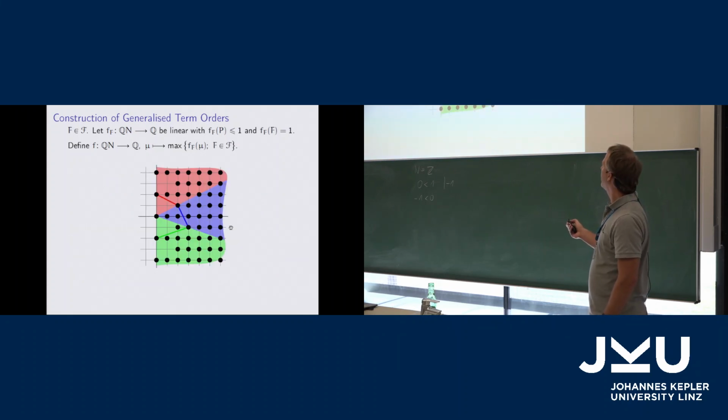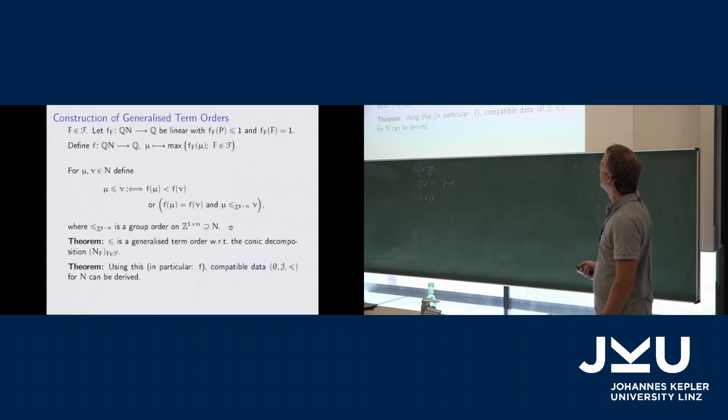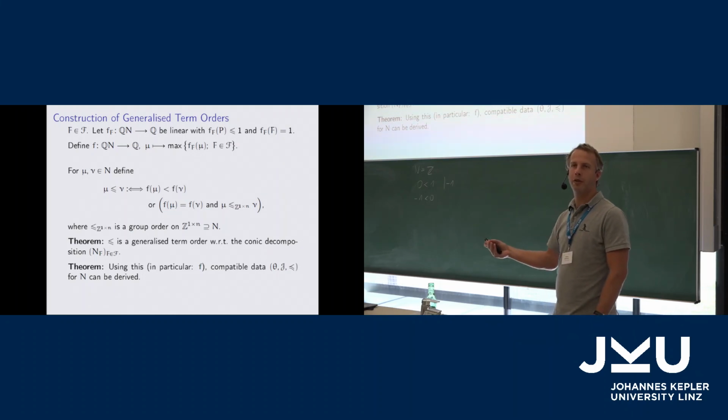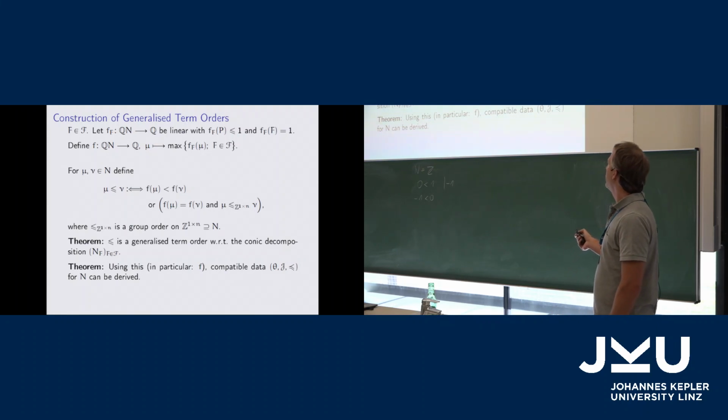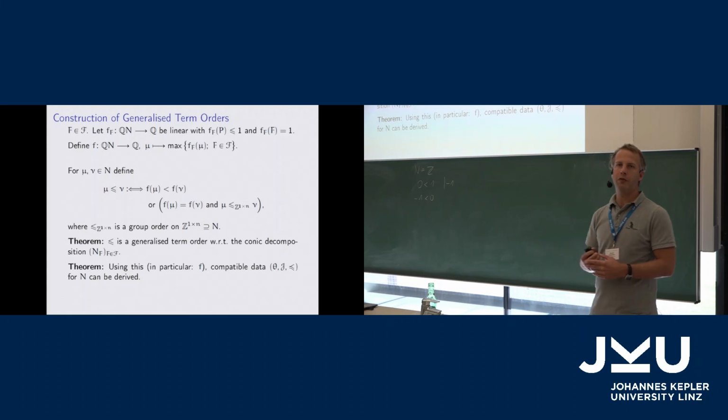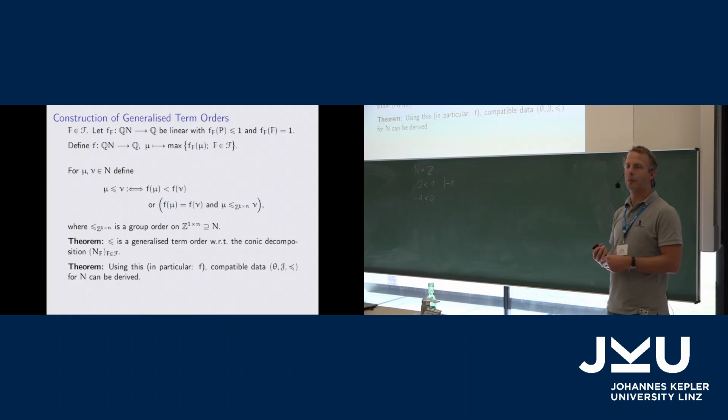This is the same as looking in which of the pointed monoids it is in and taking the respective map F_F. And then when we have to compare two elements of the monoid, we compare them first by their values under F. And if they are equal, then we take an arbitrary group order, for example, a lexicographic order. And it turned out that this works. So by this we have a generalized term order.